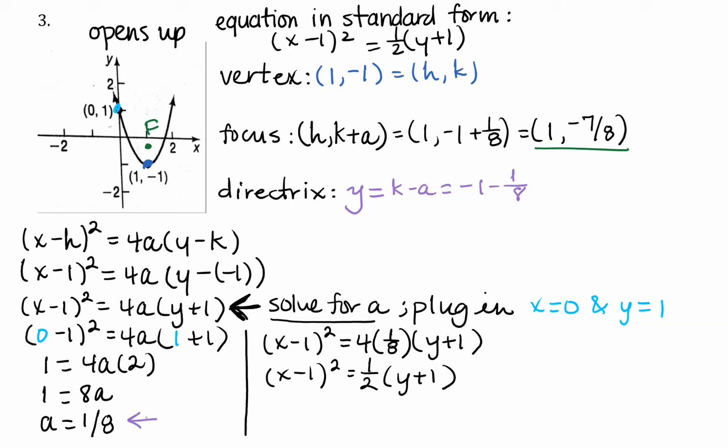So the equation of our directrix is y = -9/8. And I'm getting that from -1 minus 1/8. So our directrix is down here, the horizontal line y = -9/8.